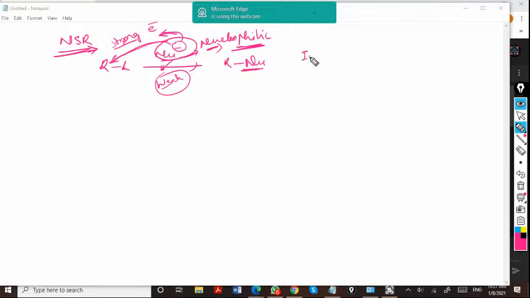In a period, for example, if I take chlorine, bromine, and iodine, the nucleophilicity depends on the electron density. What is meant by electron density?